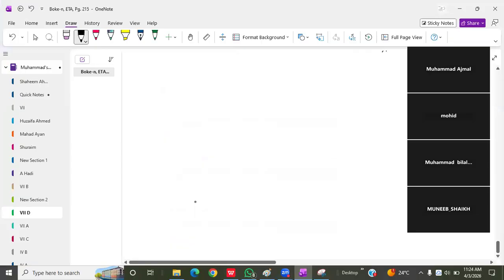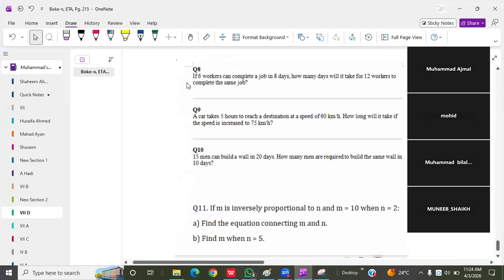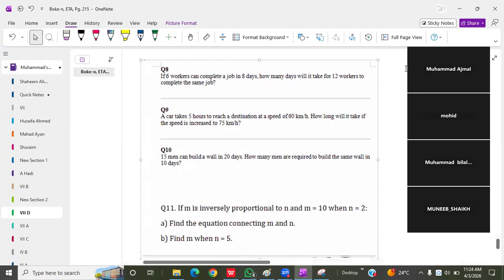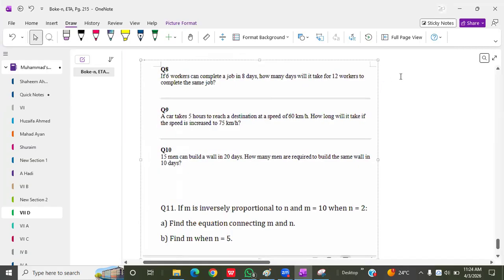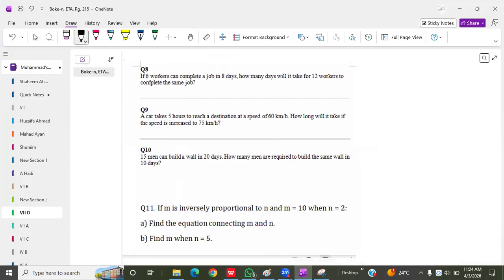In this question, which I have copied here, for example question number 8, how can we do this question of inversely proportional? First, if we have a real situation where quantities have been given, we make two columns.